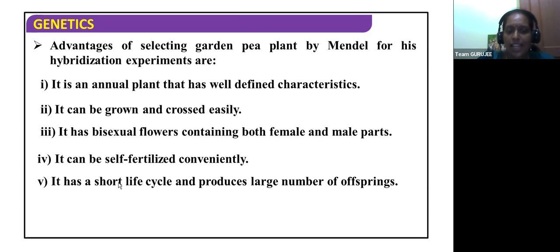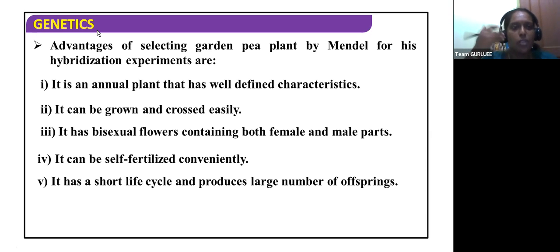It has a short life cycle and produces a large number of offspring. Every seed, every pea, is capable of producing a new plant, isn't it? How many peas will be there in one pod? Approximately 5. Yes, kind of 5 to 6. So from one pod itself, you can normally produce 5 to 6 plants.